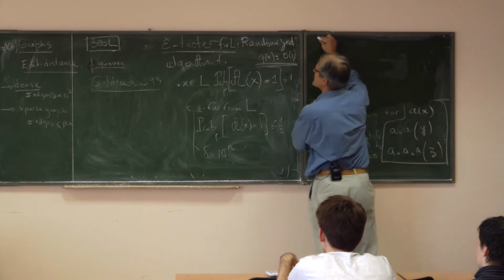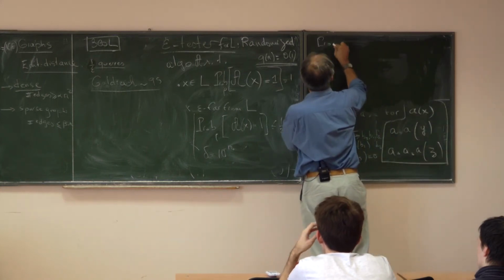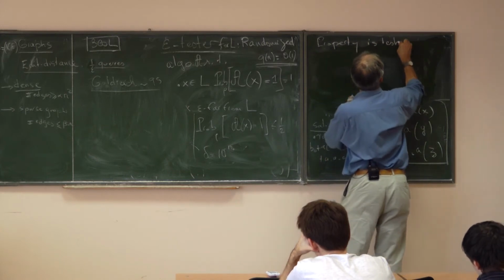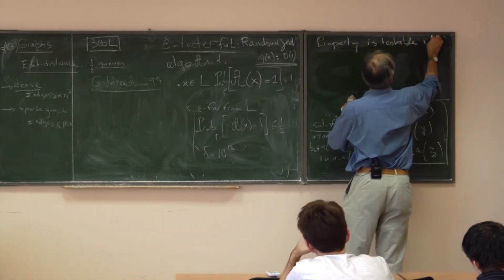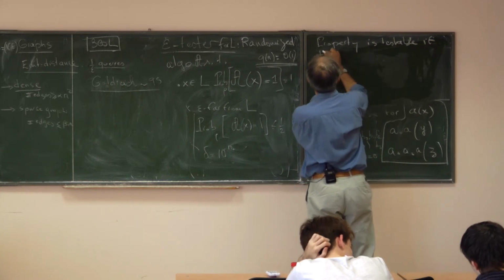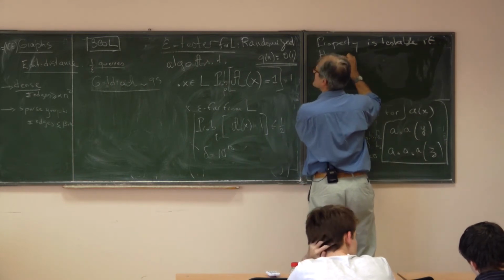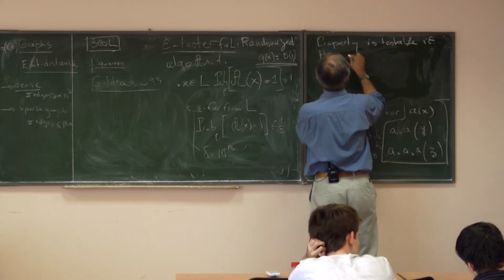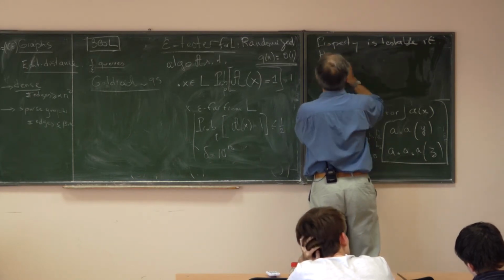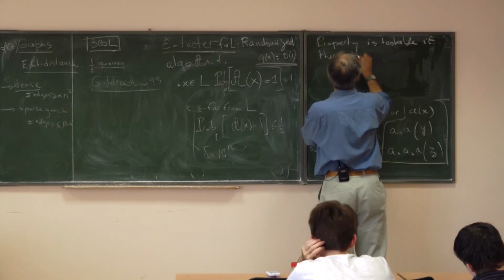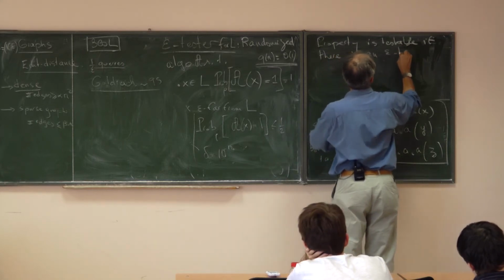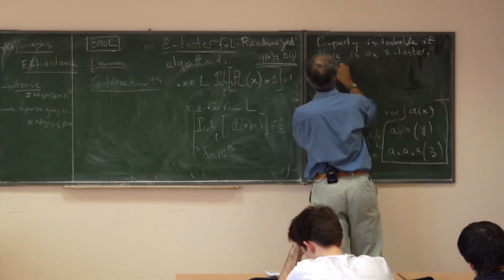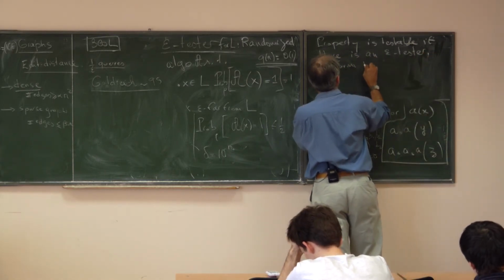So, a property is testable if there is an epsilon tester that's uniform for all epsilon.